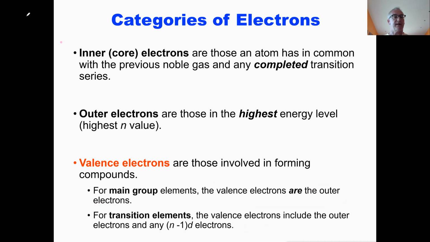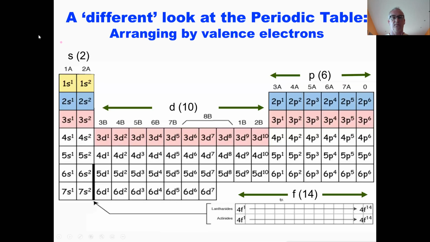So again, let's have a look at the periodic table, just looking at the valence electrons. As we saw with the alkali metals, they all have 1 electron all by its lonesome in its outermost shell in an s orbital, and that's it.